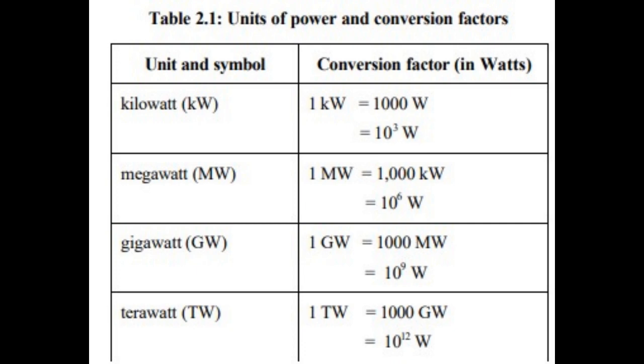Horsepower, HP, is yet another unit of power. 1 HP is equal to work done at a rate of 550 foot-pounds per second. It is equal to 748 watts. 1 HP is equal to 748 watts.